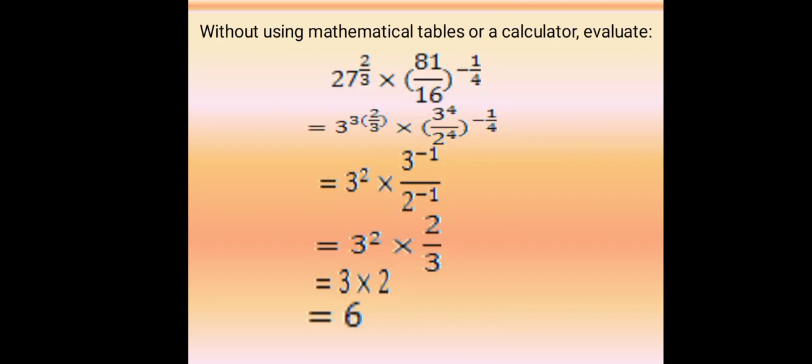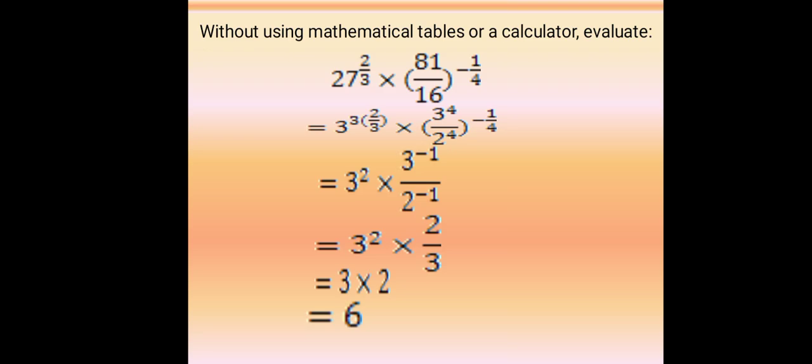Without using mathematical tables or a calculator, evaluate. So we have 27 raised to the power of 2 thirds multiplied by 81 divided by 16, the whole figure raised to the power of negative a quarter.